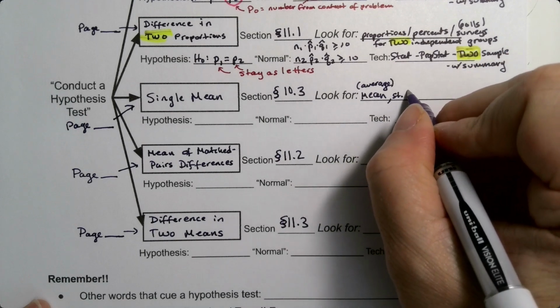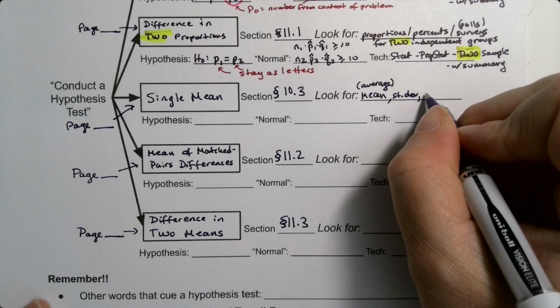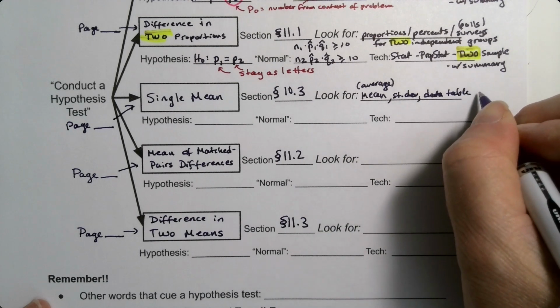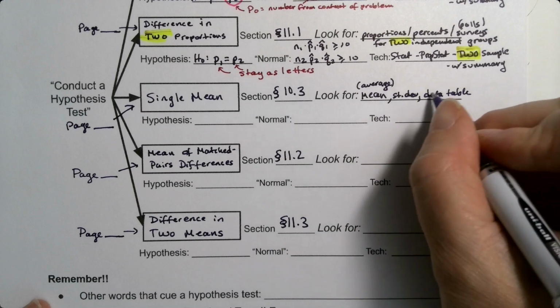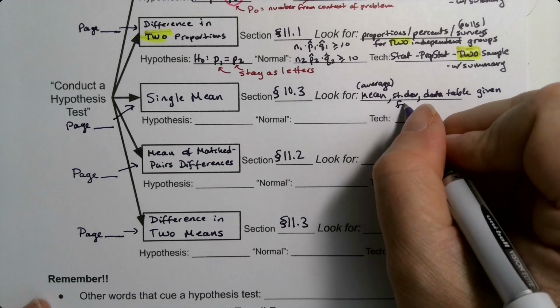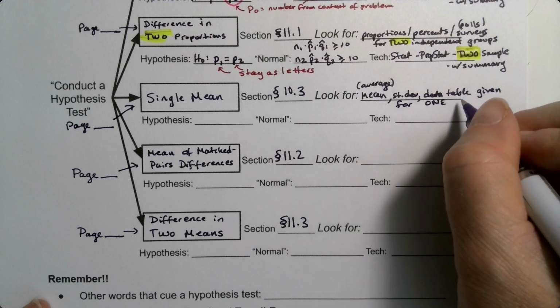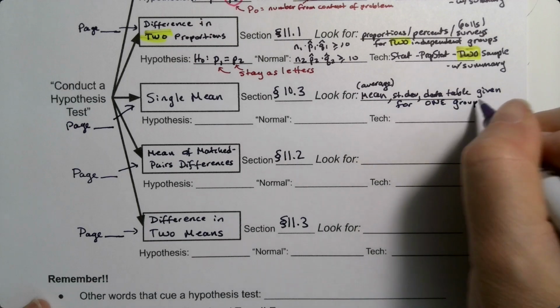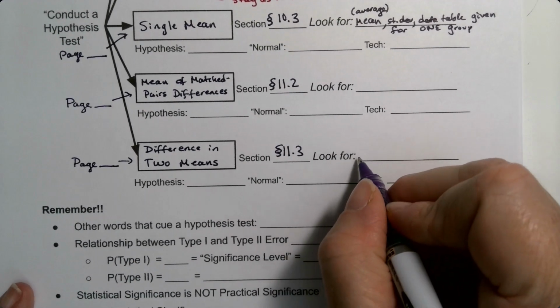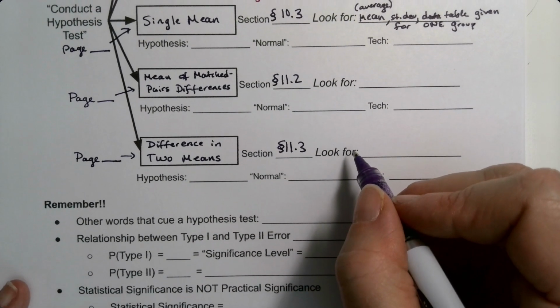Standard deviation or data table, right? Because you could have the mean and standard deviation given, or you could have a data table given for one group. Right? And then this, well, I'm going to skip that one because this one at the bottom is actually the same thing, but for two groups.